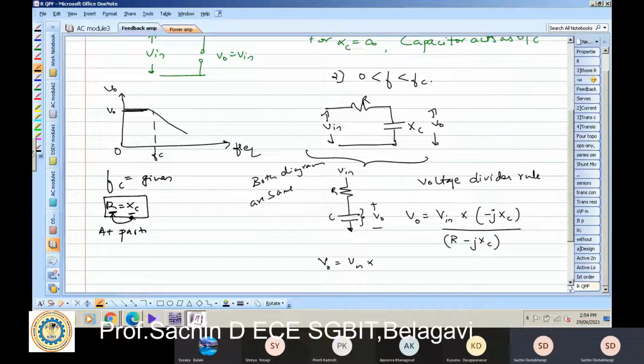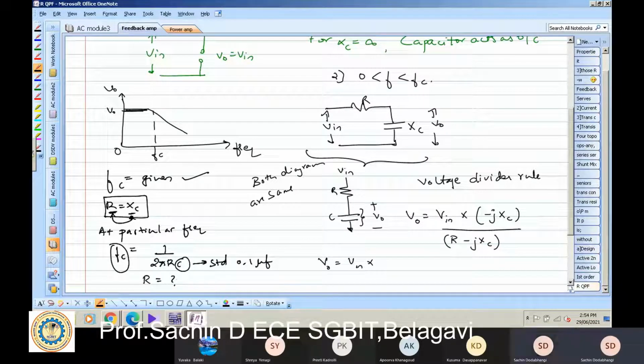In that case, fc will be 1 by 2 pi RC. So fc is given to you. Substitute that fc value. For C, you need to select a standard value, 0.1 microfarad. So we can find R easily from this formula.